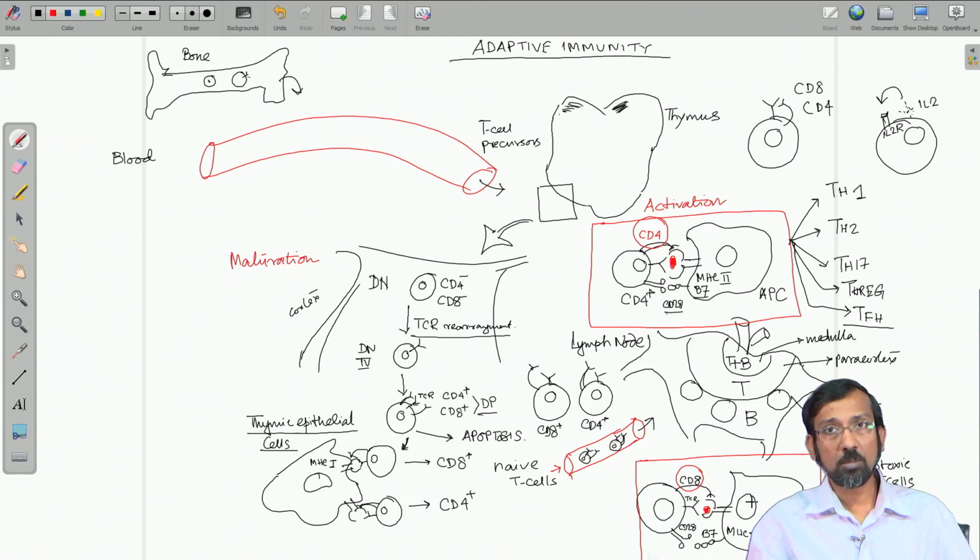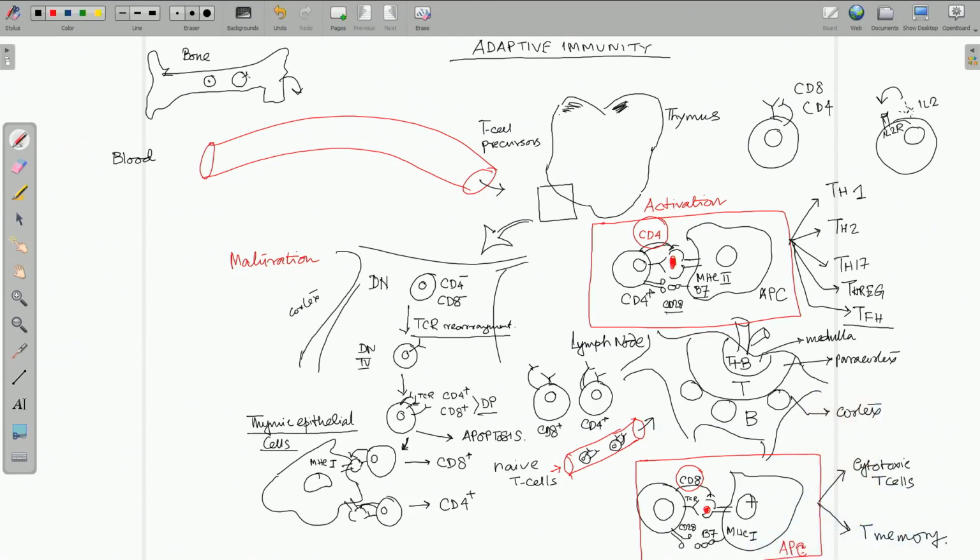Class 1 MHC molecules are usually displaying viral antigens or self cell antigens.